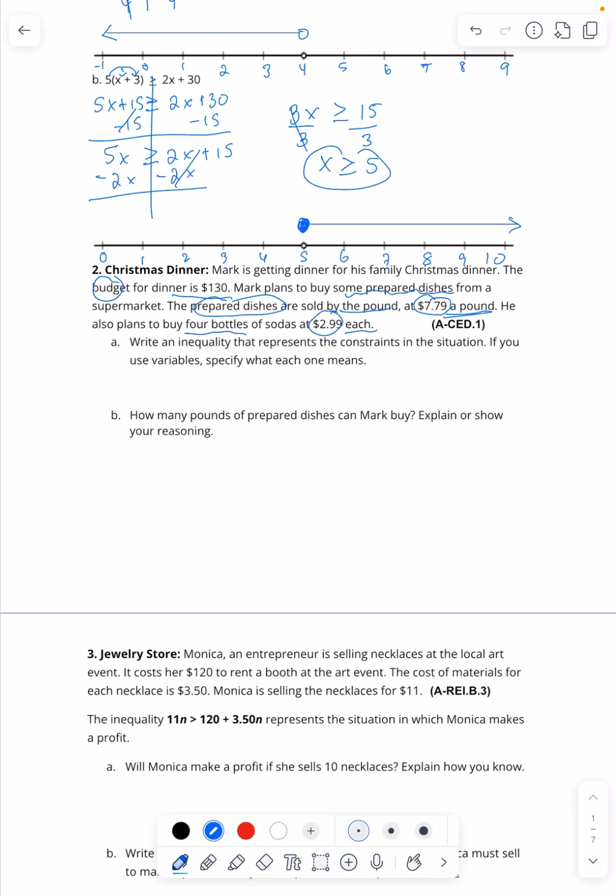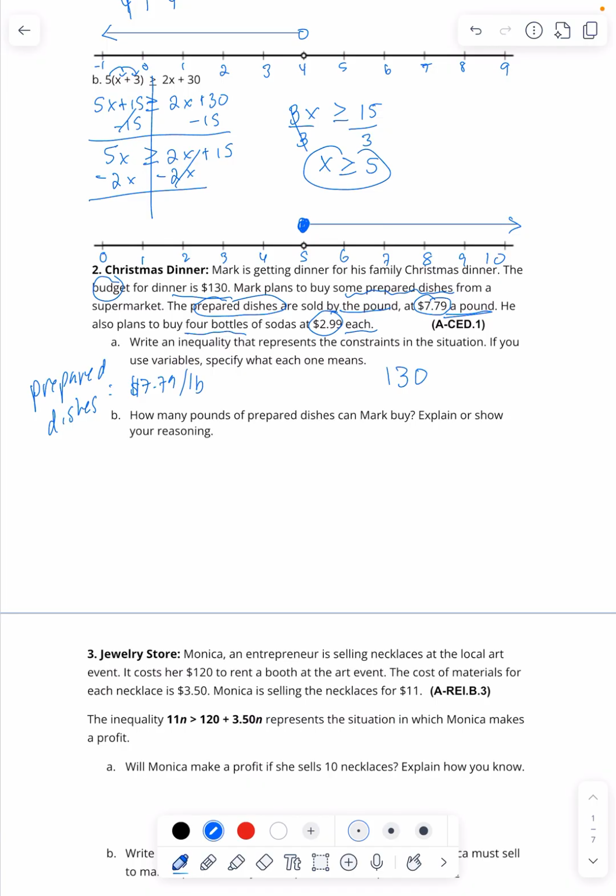We have to ensure that we realize that we have this budget, so we have to take it into account. And he's buying certain things. He's gonna buy some prepared dishes, and they're saying that they're selling those by the pound, and they cost $7.79 per pound.